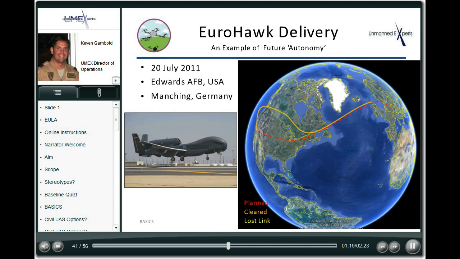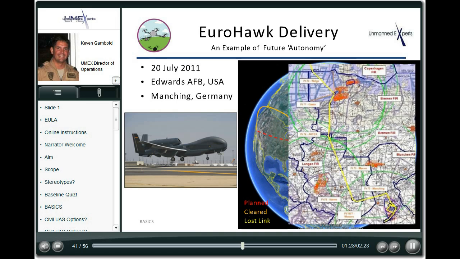So it flew all the way en route, which it did all the way until just north of Scotland, when unfortunately the link was lost to the aircraft. And therefore there was a great concern. It could be tracked on radar, it could be tracked by transponder, but what it would do for the first time as it entered European airspace.